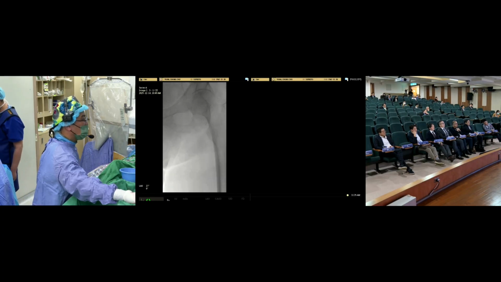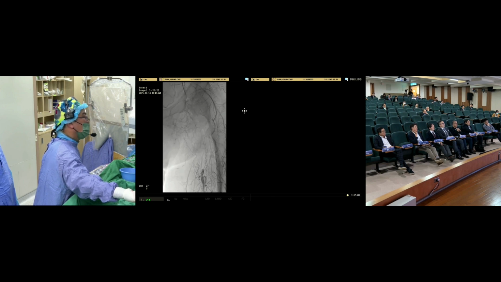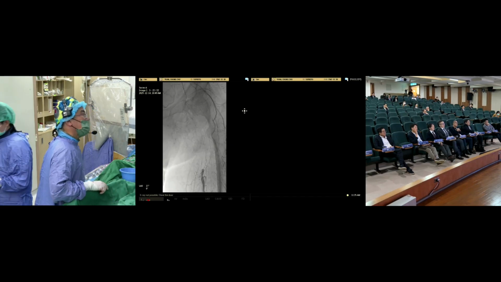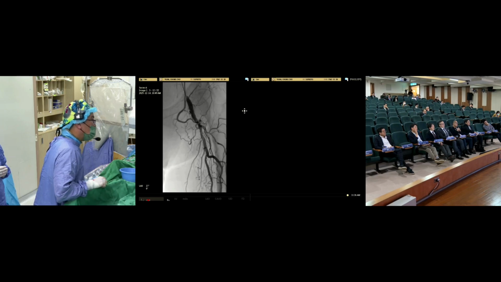However, depending on the right EVT result, I have no idea which one is the inlet of the occluded SFA, because we see some stump here, very short, maybe 5 millimeters.